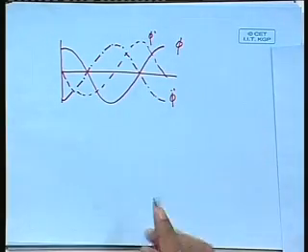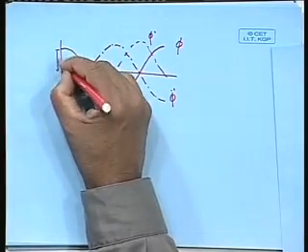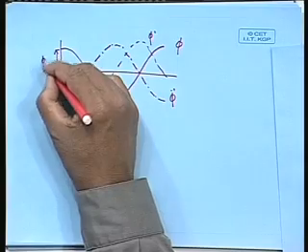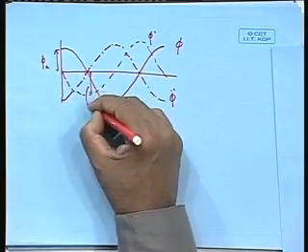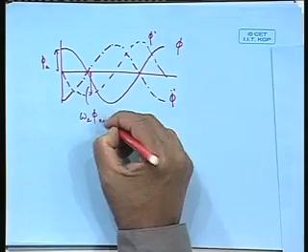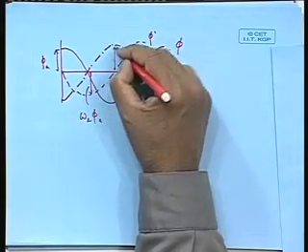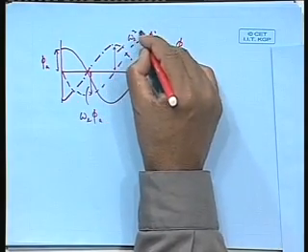This is what will happen. An amplitude, this will be equal to phi a, this is going to be omega e phi a and this is going to be omega e square phi a.